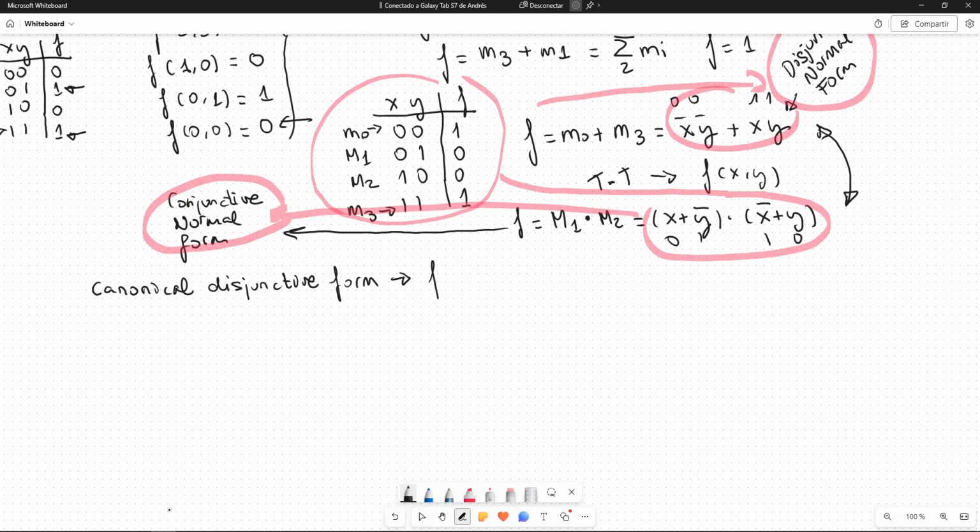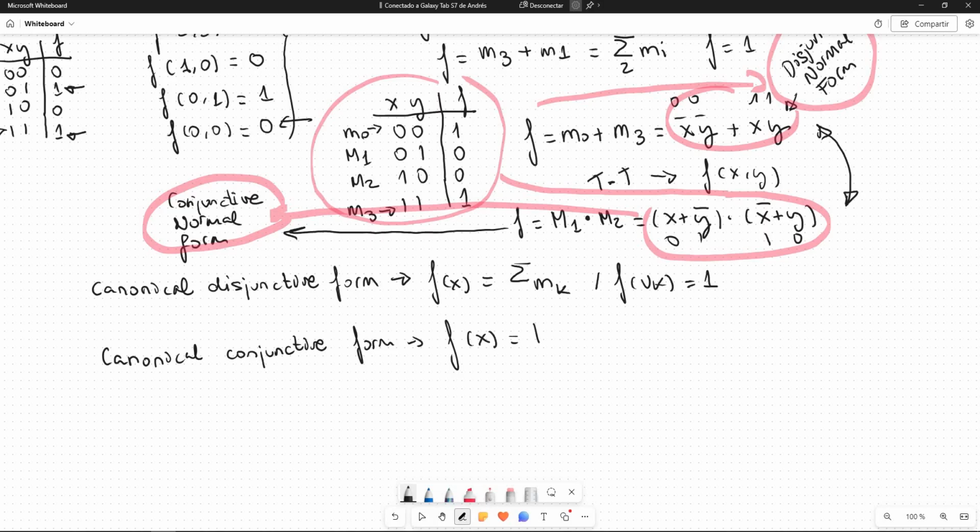So we can define the canonical disjunctive form as a sum of the minterms for which the function is 1, and the canonical conjunctive form is going to be the dual definition using the max terms.